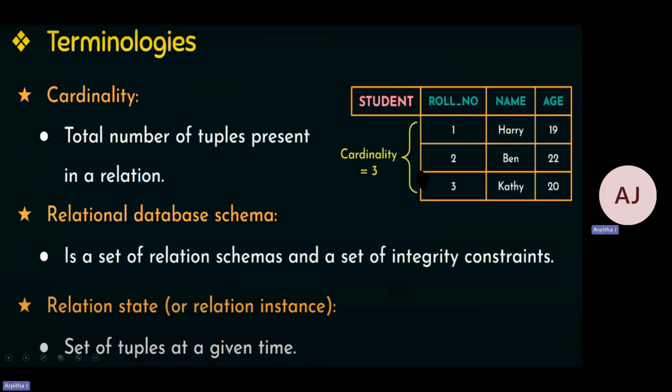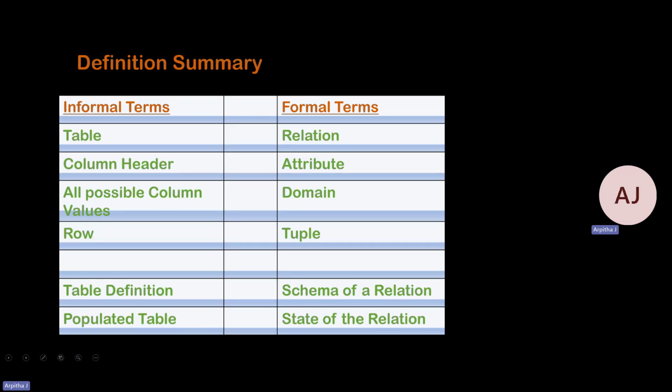So, what is the present state? That is called the relational state. It is the set of tuples at a given time. What do you mean by tuples? Nothing but each row or data which are there. At present, the state of your relation or your table is called the relational state. Understood?